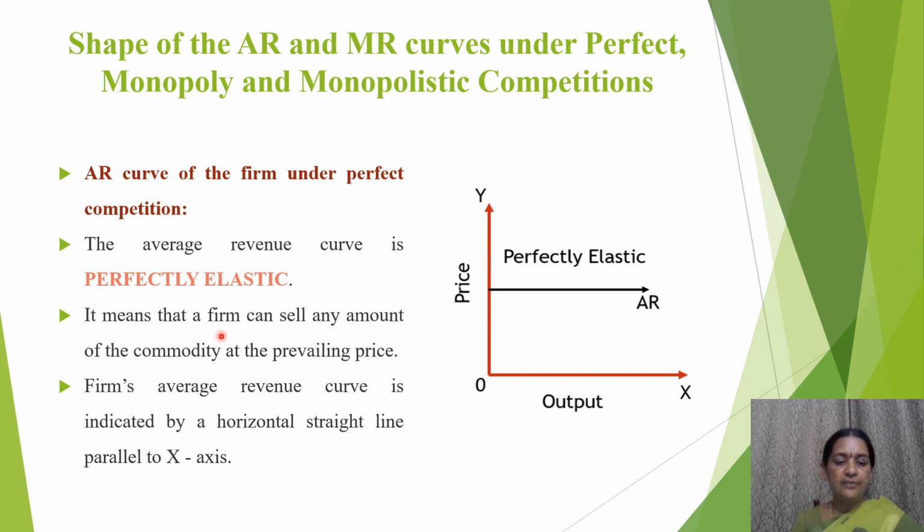It means that a firm can sell any amount of the commodity at the prevailing price. The firm's average revenue curve is indicated by a straight line which is parallel to the x-axis. In the diagram, the x-axis represents the output and the y-axis represents the price. AR is the average revenue curve, which is perfectly elastic under perfect competition.